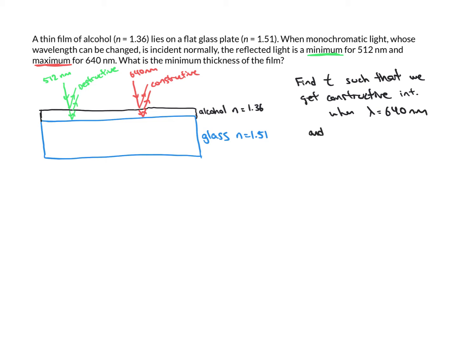And at the same time, for the same thickness, we have to get destructive interference for the other wavelength. So I'm going to make two headings here. My first heading, I'll analyze the green light, the 512 nanometer light.